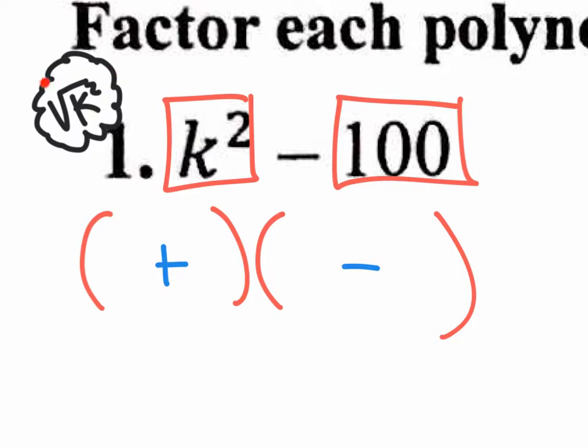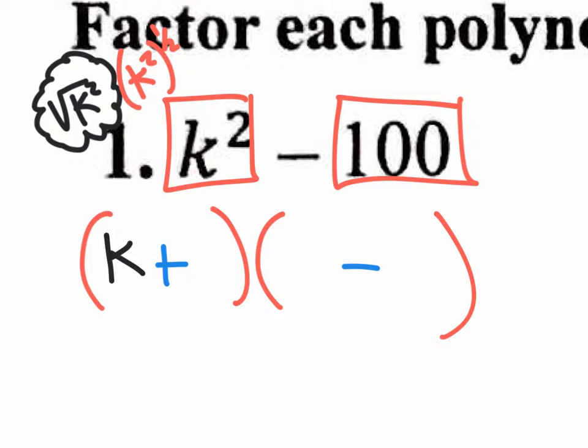And what is the square root of k squared? Remember, the square root means the power of 1/2. So if you were to think of k squared to the power of 1/2, a power to a power you multiply, 2 times half is what? 1. So what is the square root of k squared? K. Or k to the 1, but just k, right? The square root of k squared is just k.